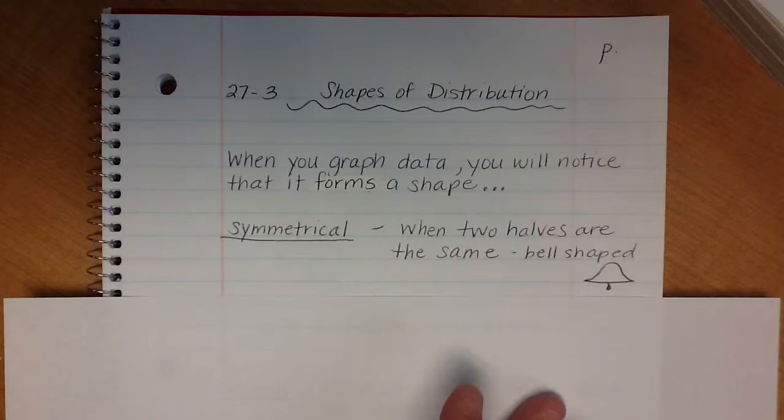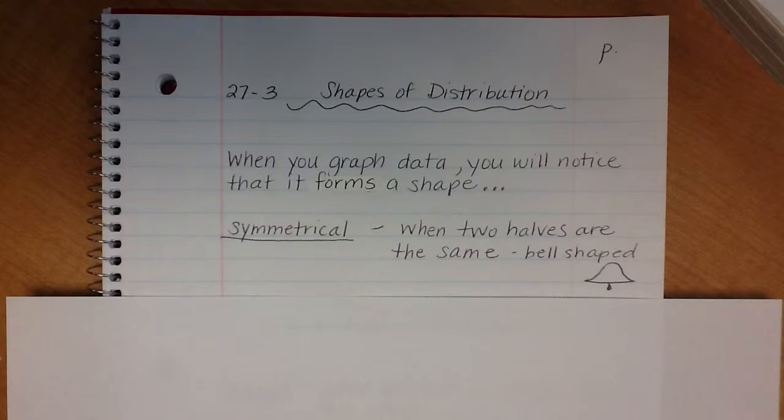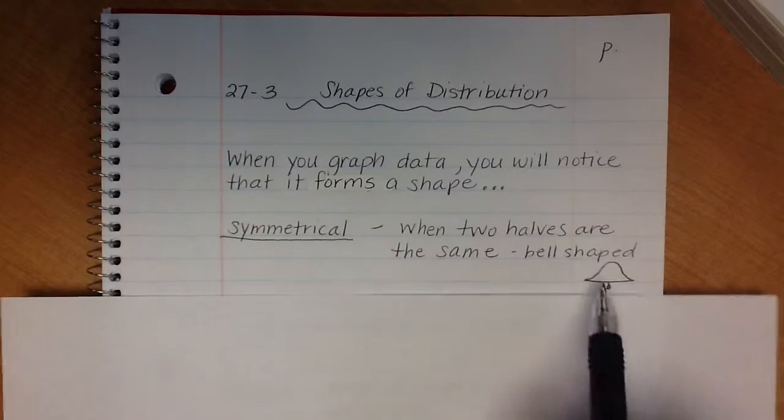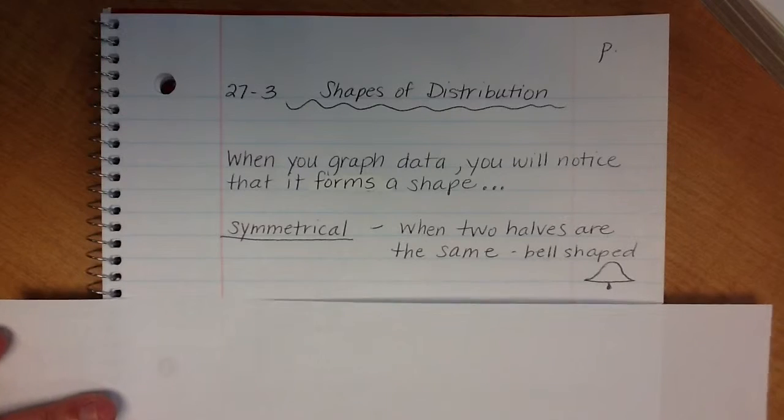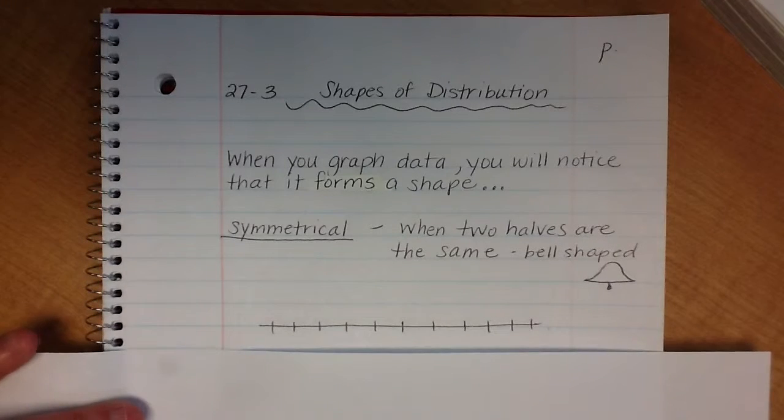One of the shapes it will form is symmetrical. Symmetrical is when two halves are the same. So it's kind of bell-shaped. And I drew a cute illustration there of a bell. Hope you appreciate that. I'm going to show you what this would look like.